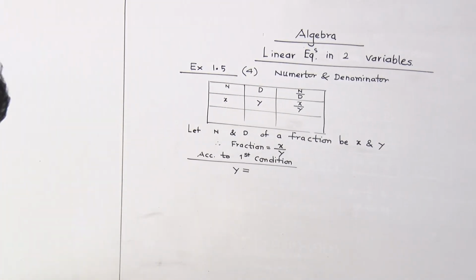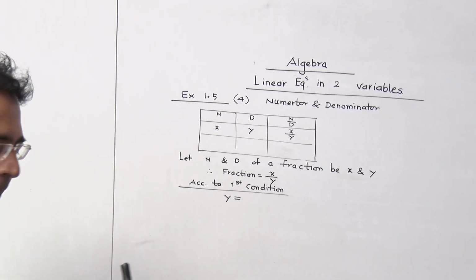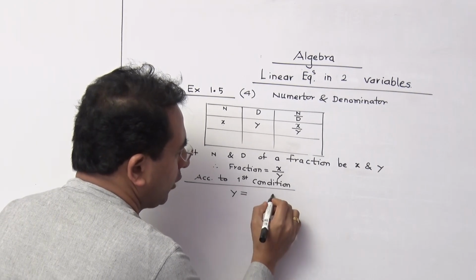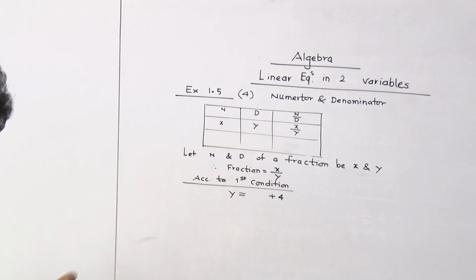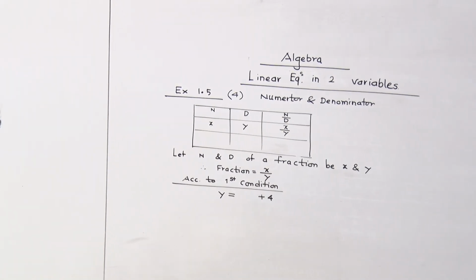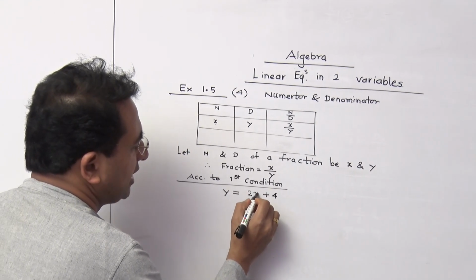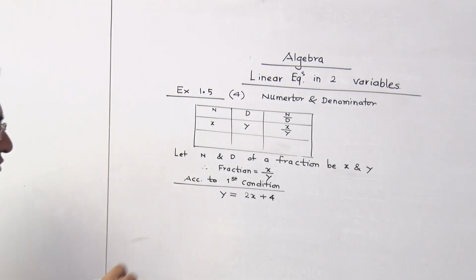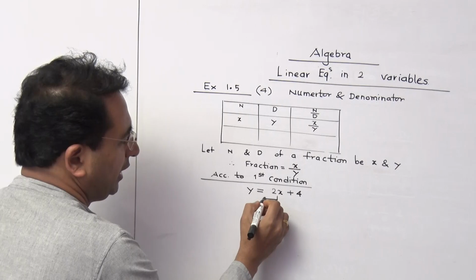Denominator of the fraction is. After that, they have given this 4 more. So you have to leave some space and you have to write 4 more, so plus 4. 4 more than twice its numerator, and that's why we have to write 2x, that is twice of x. Now this equation is not in a standard form, so we have to transfer this on the left.